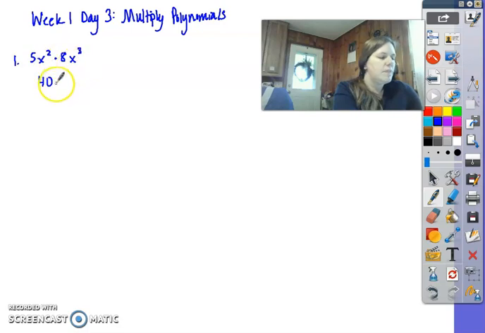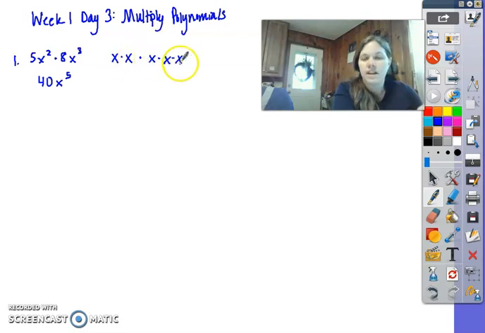And then we keep our base, and we add our exponents, because I have 2 x's here and 3 x's here, so that makes a total of x to the 5th. If we were to expand that out, it'd be x times x, that's your x squared, times 3 x's multiplied, that's your x cubed. So you can see for yourself there's a total of x to the 5th. Remember, x to the 5th means x multiplied by itself 5 times.